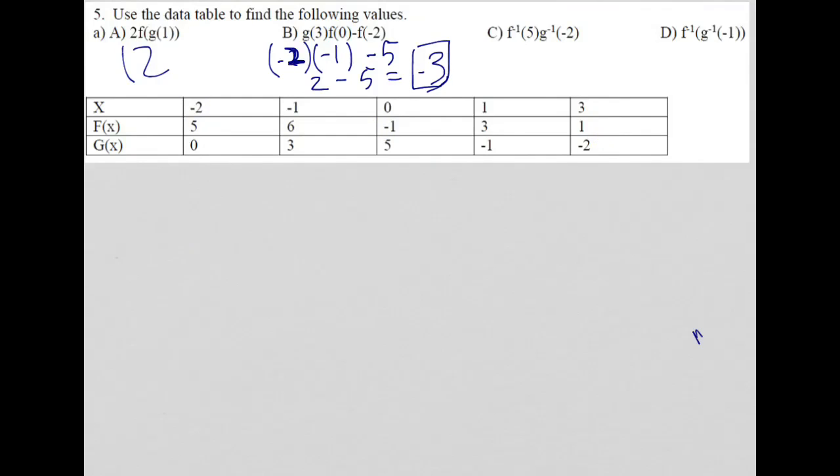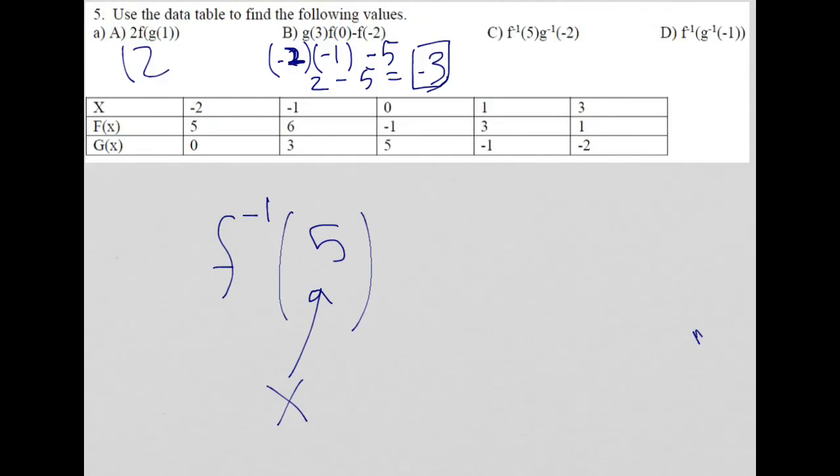So let's do another problem. F inverse of 5 times g inverse of -2. Okay, these are a little more interesting. So again, think about what I've said a bunch of times so far in these videos. This is function notation. In function notation, you put an x value in the parentheses.